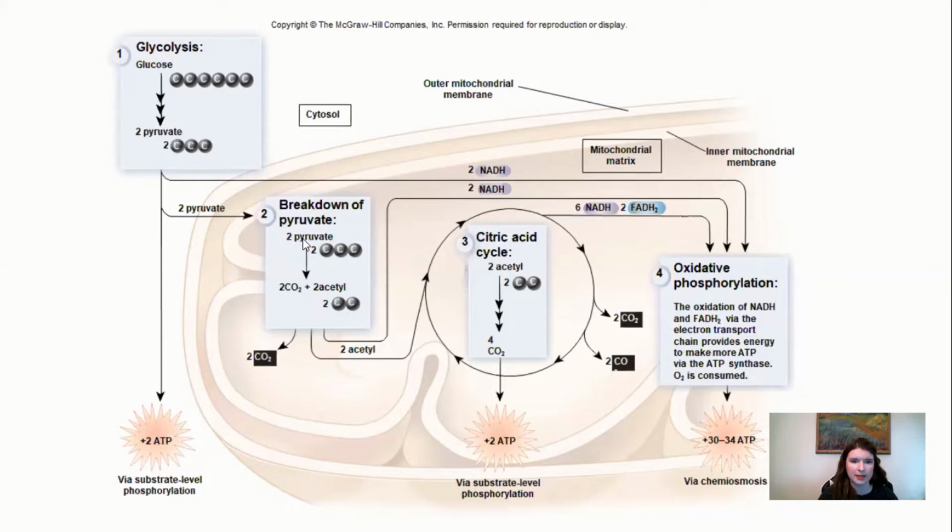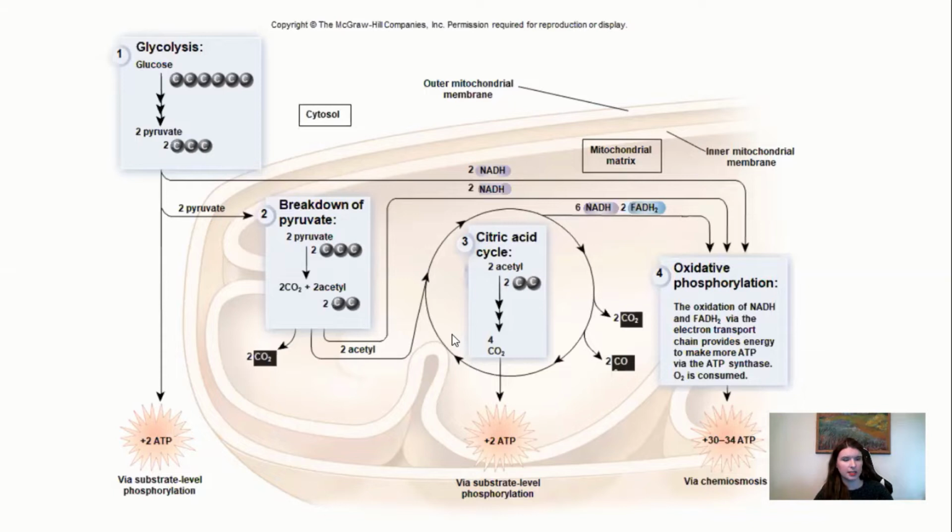Then we broke pyruvate down into an acetyl group, carbon dioxide, some NADH. We ended up with a molecule called acetyl-CoA. And that's where we are now. So acetyl-CoA is going to feed here into step 3, into the citric acid cycle.